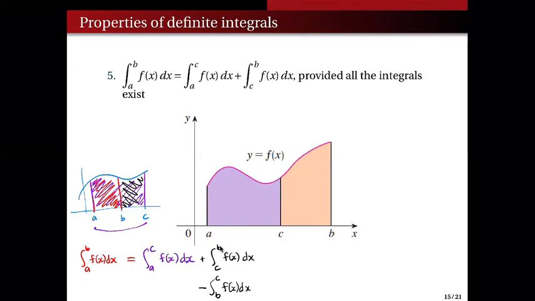And now you see it's consistent: integral from a to c of f of x dx minus the integral from b to c of f of x dx. So the purple minus the black, that's your red. Okay? So what I'm saying is, your c here can be anywhere. It can be after b. It can also be before a. Or it can be in the middle of a and b, just like this one here. So the arrangement of a, b, and c here can be anything.